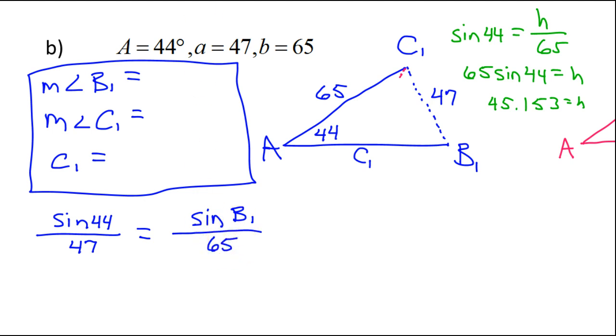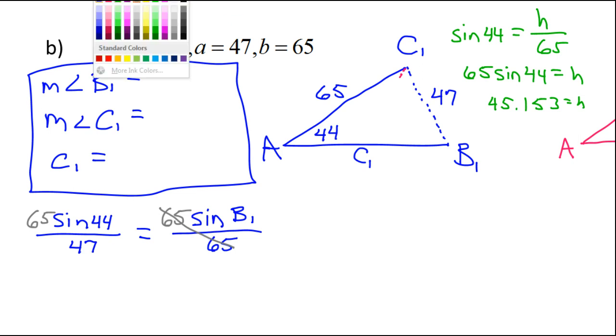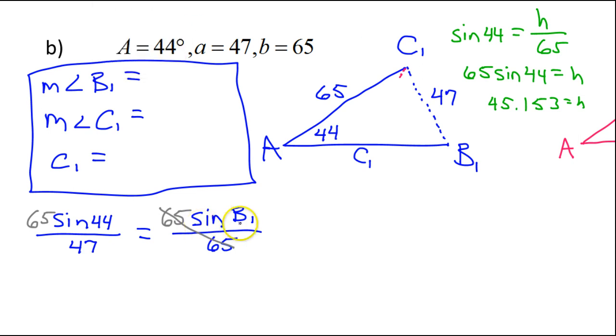So to get the sine of B1 by itself, I am going to multiply both sides by 65. These will cancel out. That will get sine B1 by itself. But I want the angle itself.